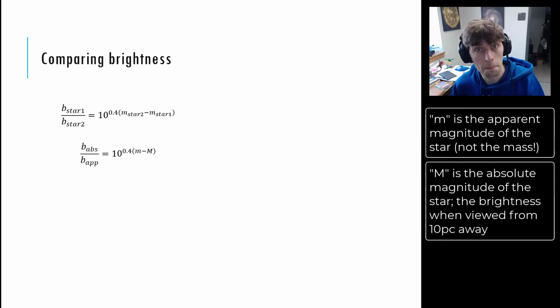So let me put that up. And you notice I've changed two things. Instead of calling it star 1 and star 2, I have now used the absolute brightness and the apparent brightness. So absolute ABS and apparent APP. And also, instead of saying the apparent magnitude of the two stars, I am now using the apparent magnitude and the absolute magnitude.